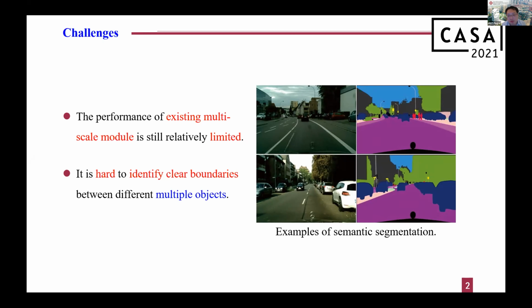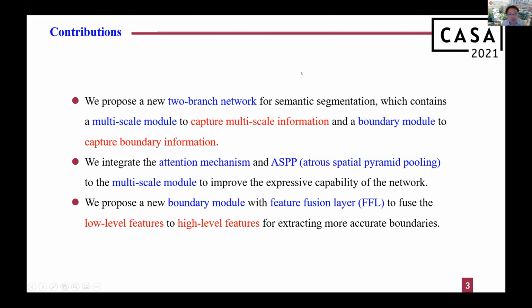Also for the boundaries, especially when there are multiple objects, the boundaries are very complicated, so it is very hard to identify clear boundaries between different multiple scale objects. So of course we want to solve this.